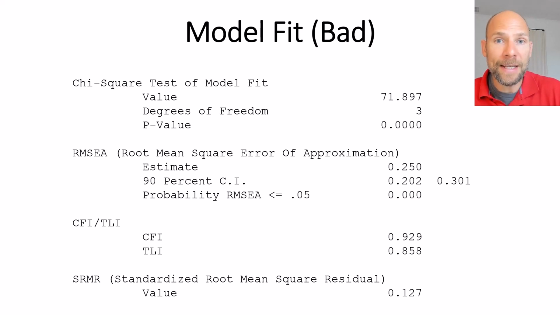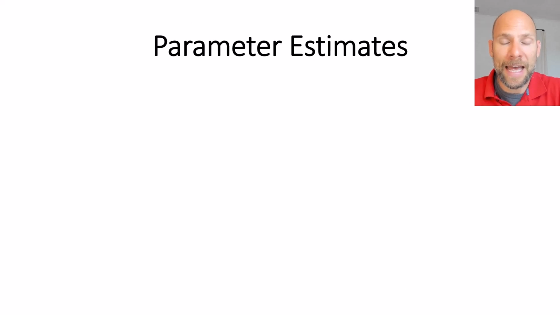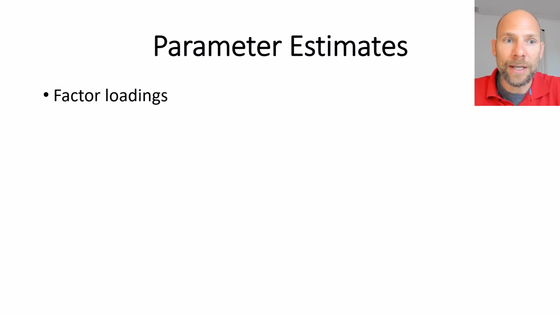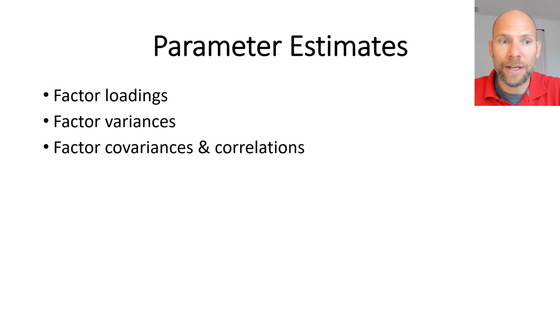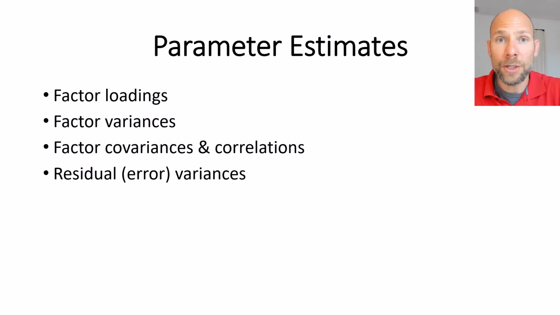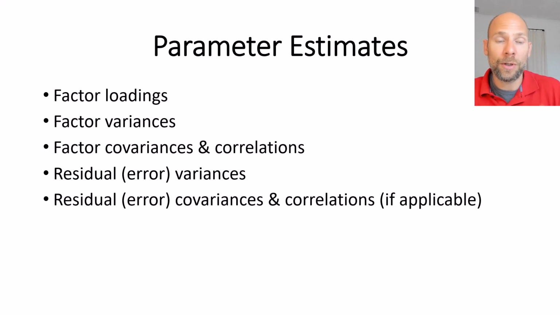Now, the next thing that you would look at if you have a model that looks like our first one that has a good model fit is the parameter estimates. So you would take a look at the model results, and specifically you would take a look at factor loadings, factor variances, factor covariances, and the corresponding correlations, residual or error variances for the indicators, potentially residual or error covariances and correlations if you allow those, which is not the case in standard CFA, but in some CFA models you might have correlated errors as well.